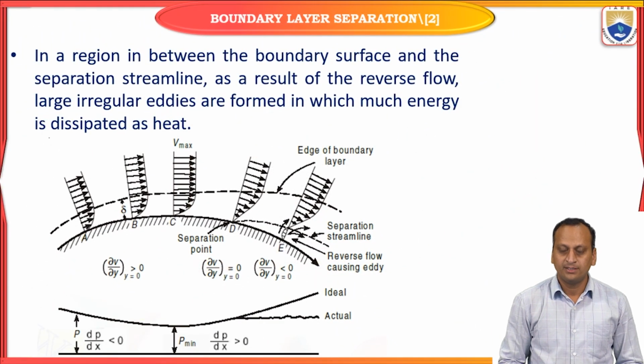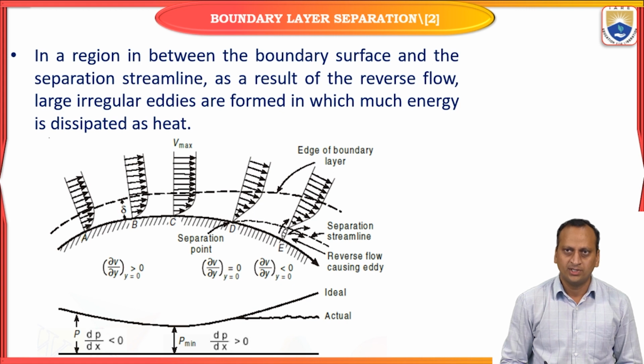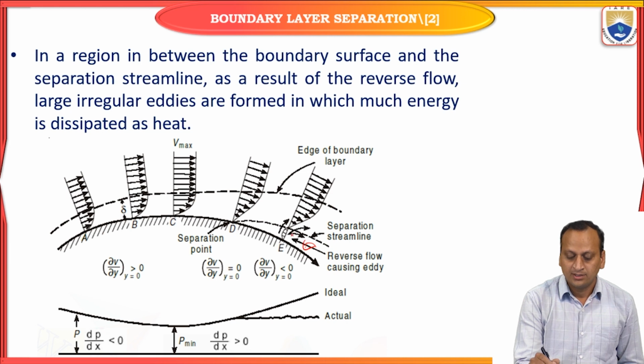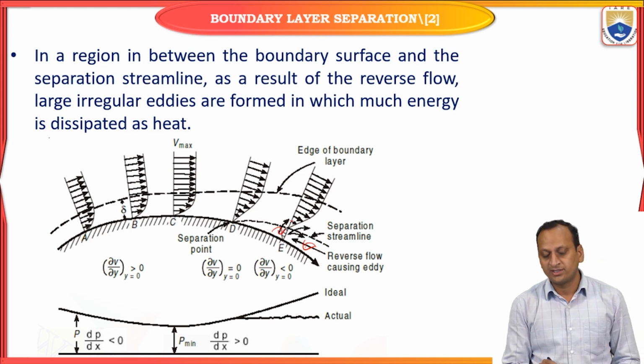In the region between the boundary surface and the separation streamline, as a result of the reverse flow, large irregular eddies are formed in which much energy is dissipated as heat. Whenever the reverse flow is taking place, there will be low energy particles rotating without any particular direction.